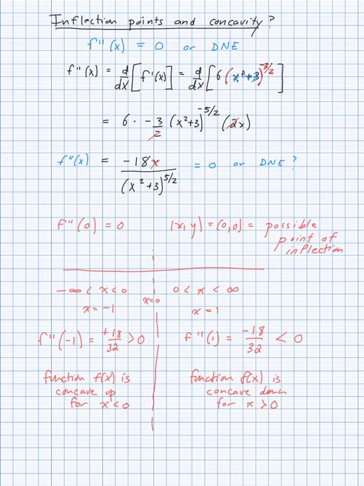So at this point we've evaluated all the characteristics that we need to know about this function in order to plot it. So the last thing I'm going to do is actually graph the function.